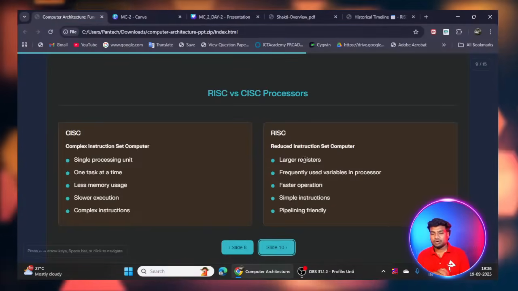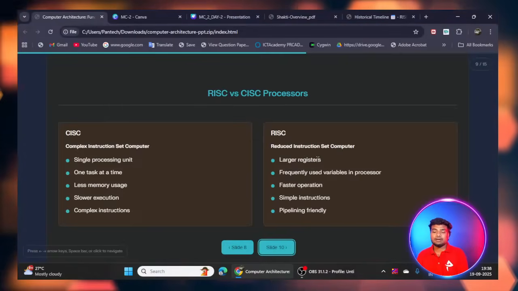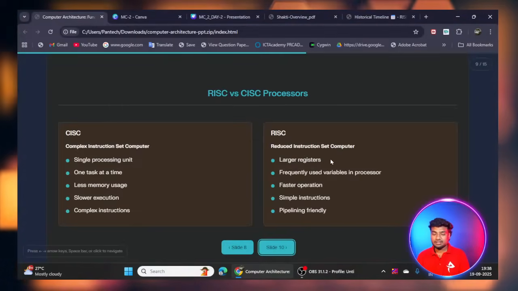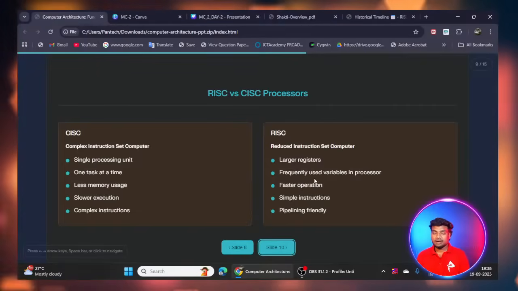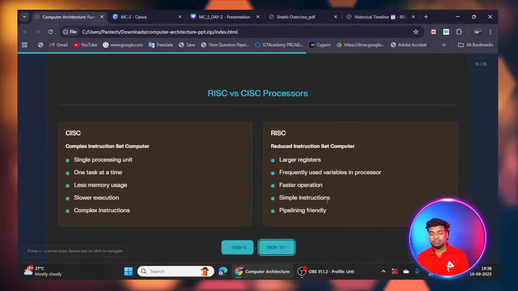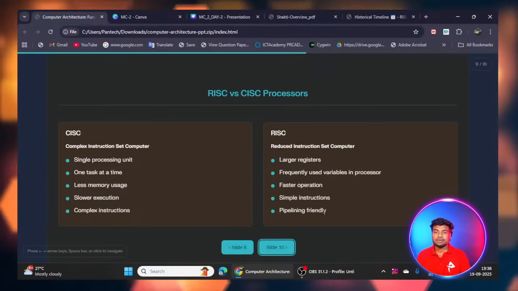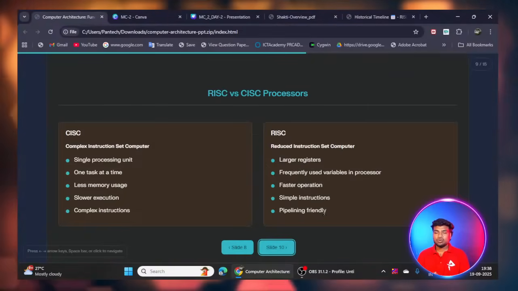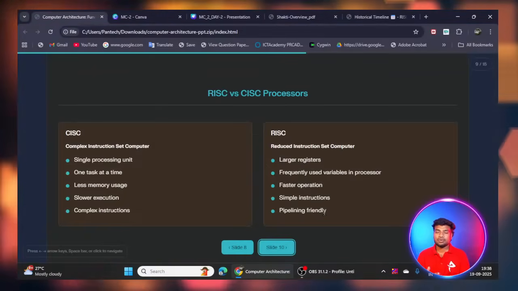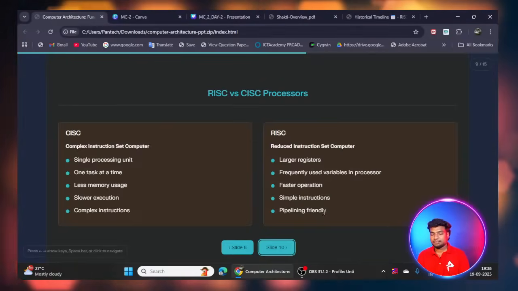I will explain one by one what pipelining and parallelism are. A RISC processor has larger registers, frequently used variables in the processor, faster operation, simple instructions, and is pipelining friendly. We are mostly using RISC processors, following the RISC architecture nowadays.